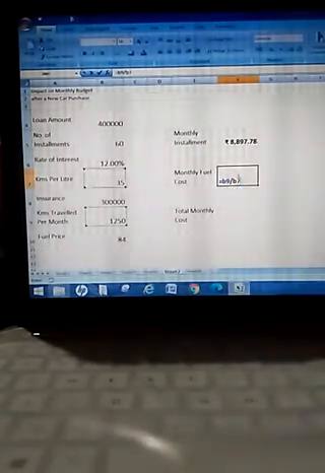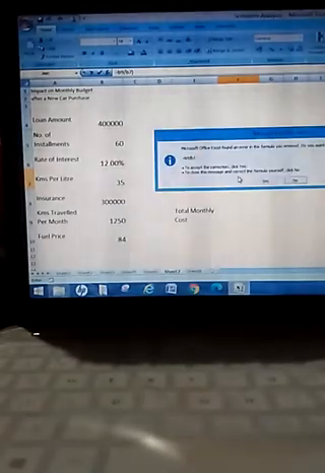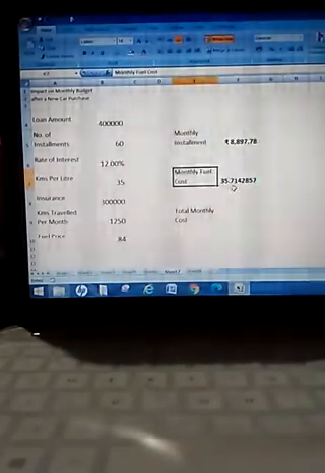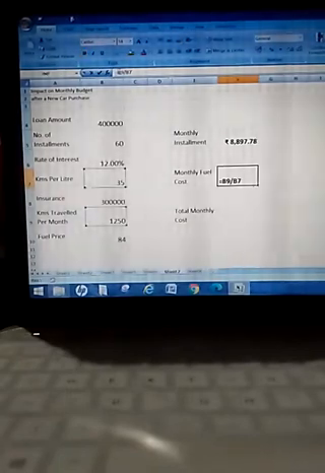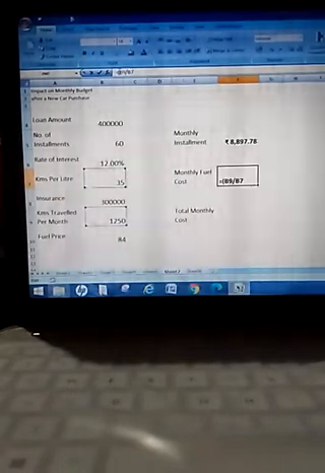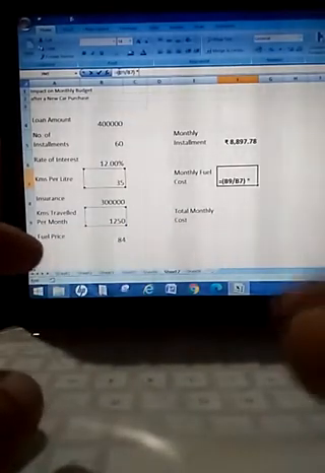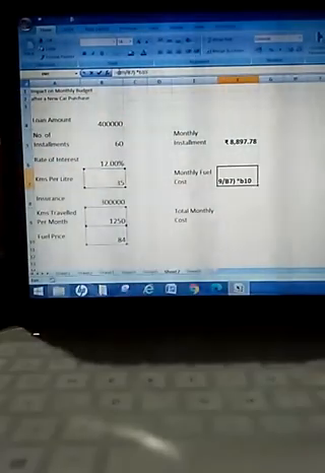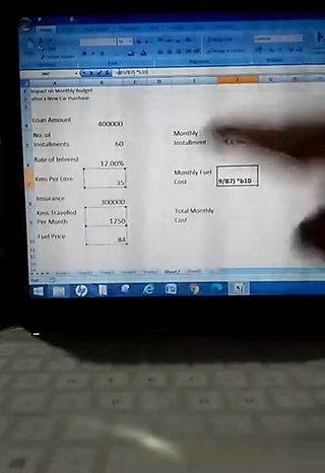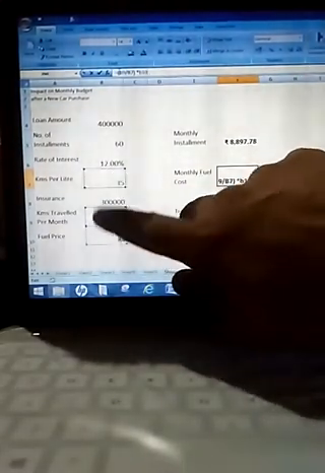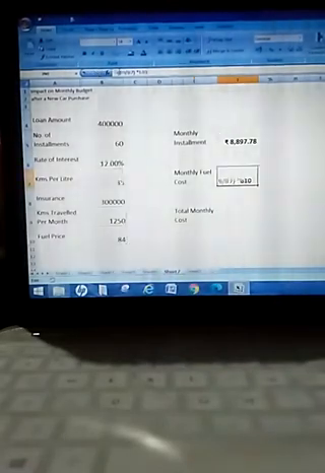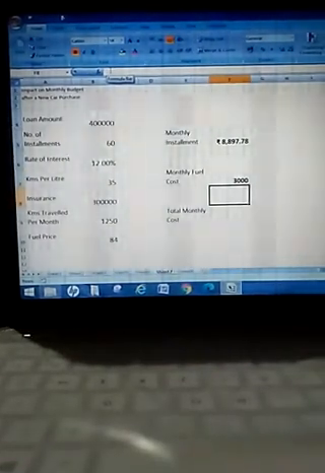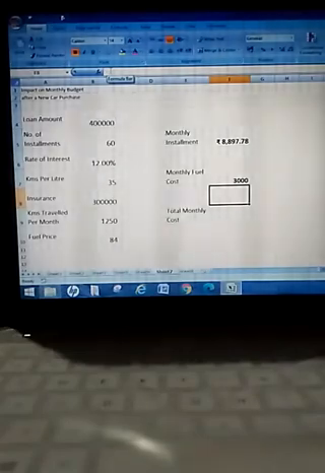After that we will multiply all this by, I'm making a bracket, and then multiplying this value with the fuel price that is given in B10. So the formula is B9 divided by B7 multiplied by fuel price. When we find it out, you will see that the monthly fuel cost is coming to rupees 3000 per month. We spend rupees 3000 per month on fuel.